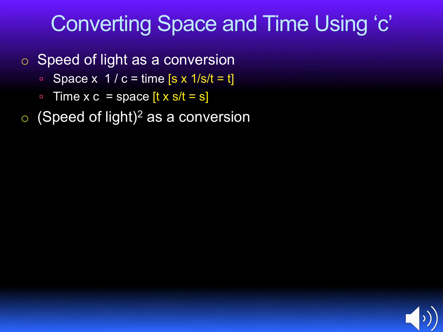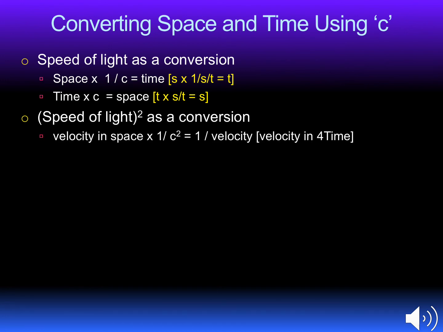Now, what about speed of light squared as a conversion? If we take velocity in space and multiply it by 1 over c squared, it's equal to 1 over velocity, or velocity in time. In units of space and time, that is s divided by t times 1 over s squared divided by t squared equals t divided by s, which is velocity in time, or as we've defined so far, energy.